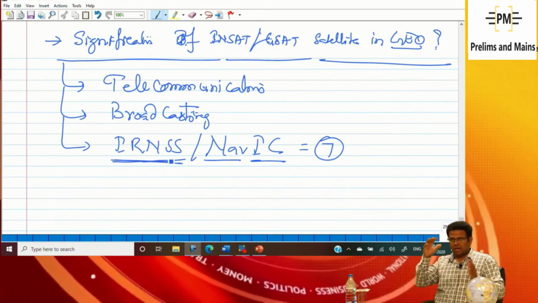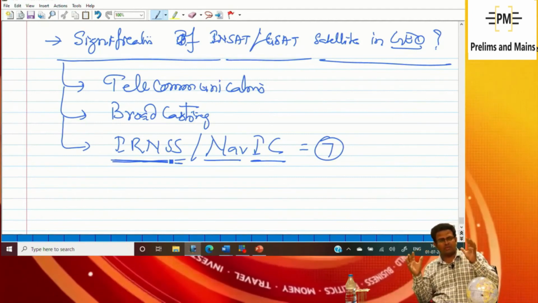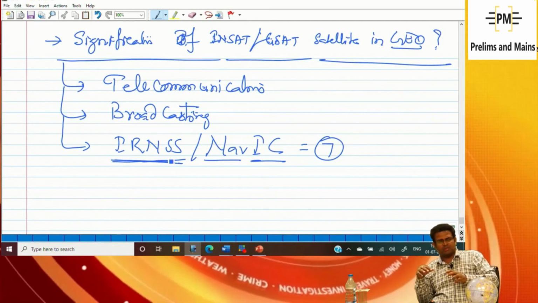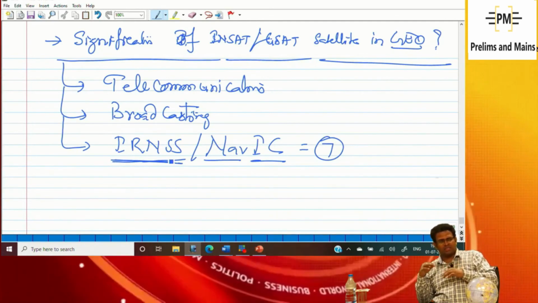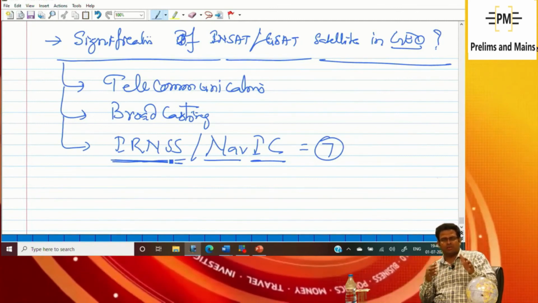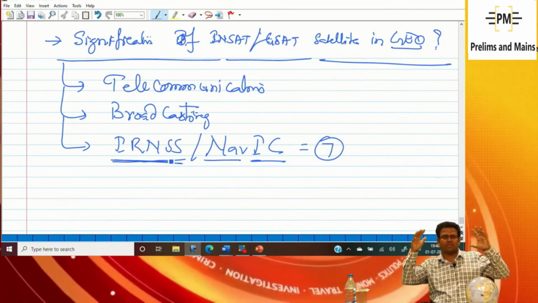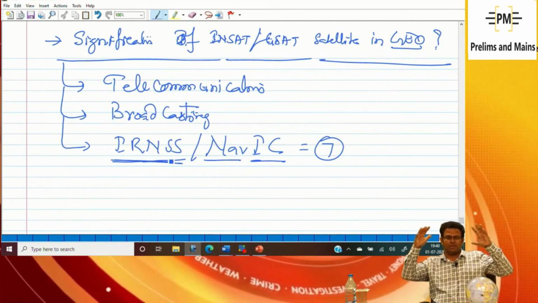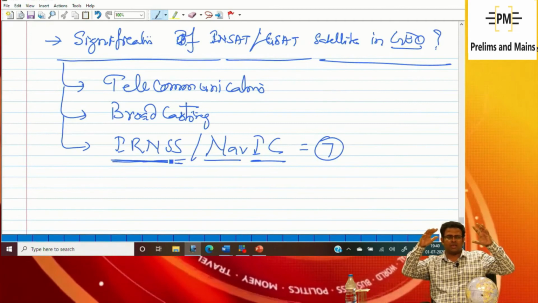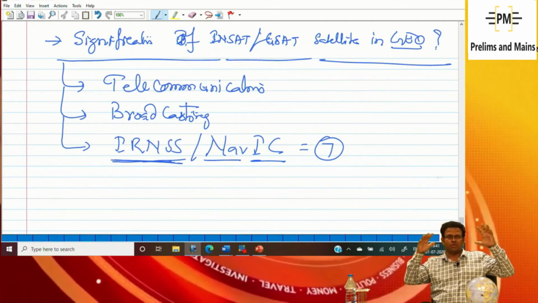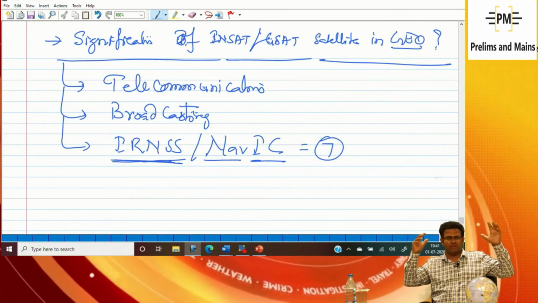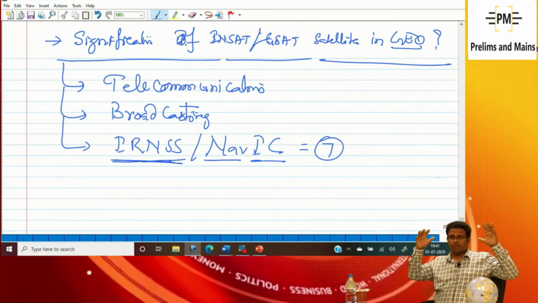So IRNSS is much better, because it is fixed at that point and covering all the signals completely. Our Indian navigation satellite is not in the medium Earth orbit, because it is above India 24 hours. It is not only above India, it is covering the surrounding region of India also. So the surrounding region will also get the benefit of navigation for their car or anything like that. Earlier I have told you.